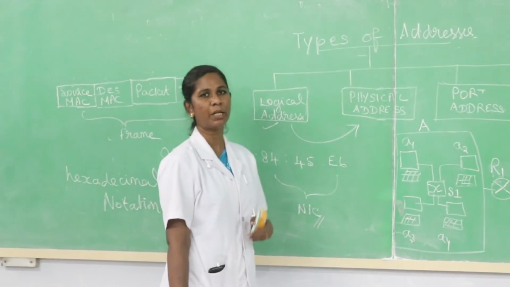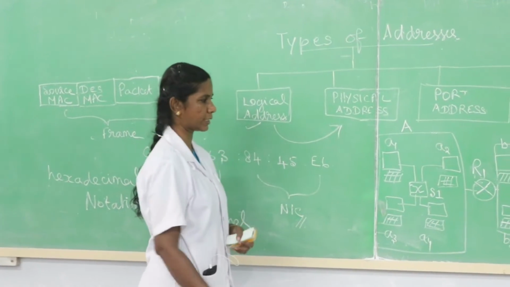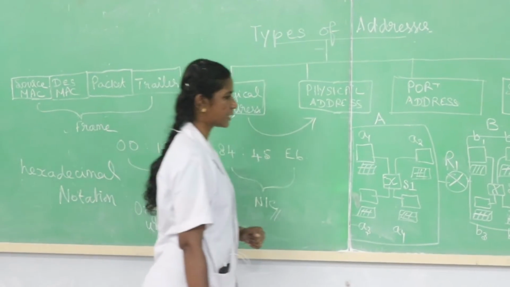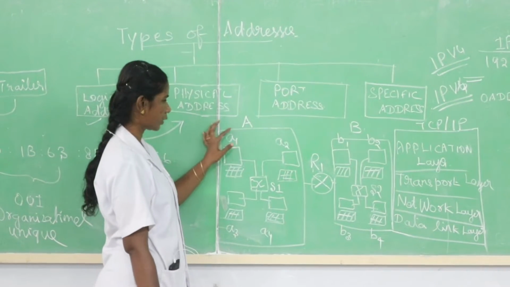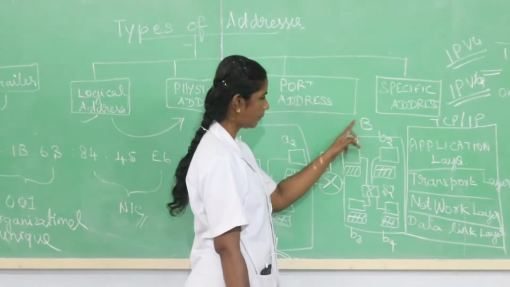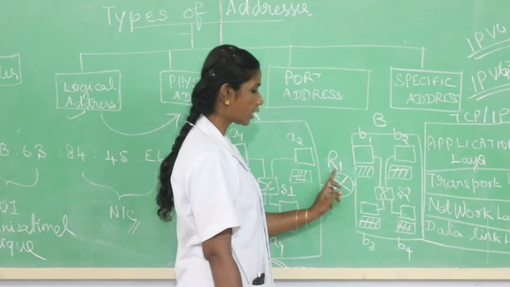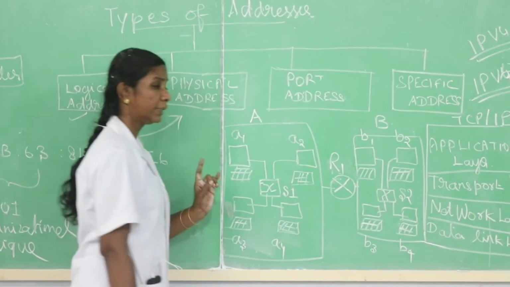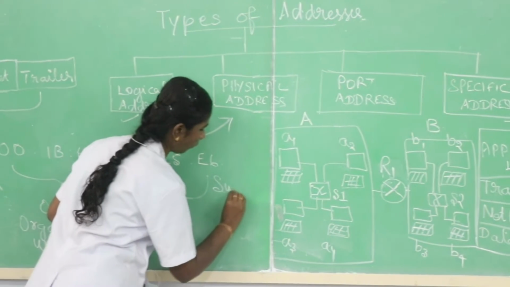We all know well, the IP address is abbreviated as Internet Protocol address. Let me consider the same scenario. Here is one type of network called A, and another type of network, B. They get connected by means of a router. We know well they can't get connected by means of a switch. What is the reason?